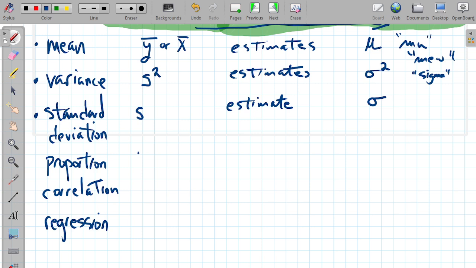So we label that as lowercase p with a hat on it. So p hat is the proportion symbol for a statistic of that type, and is used to estimate lowercase p, or oftentimes a little p with a subscript 0, p null. Easy enough.